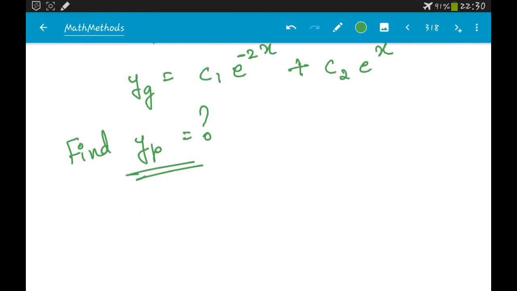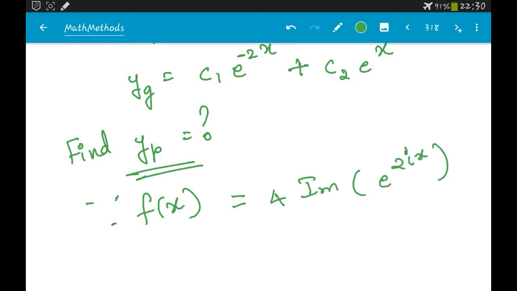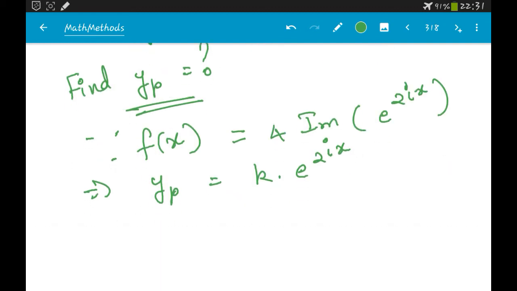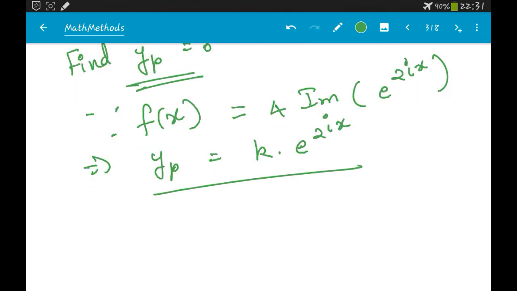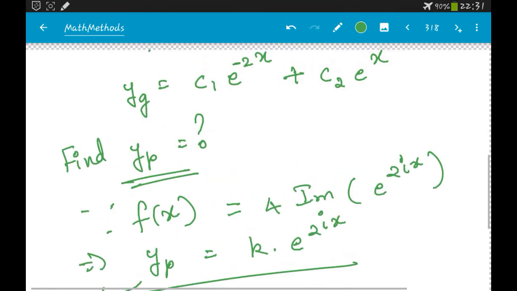So let's find yp. Since f of x is equal to, what is f of x? F of x is equal to 4 into imaginary part of e power 2ix. Okay. So then yp will be of the form k into e power 2ix. Alright. So if yp is of this form, now as you know, once we find yp, we also have to substitute this yp back into the original equation.